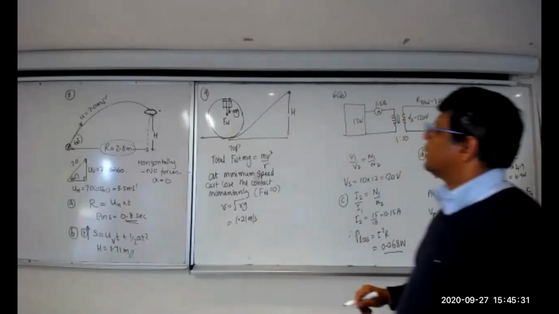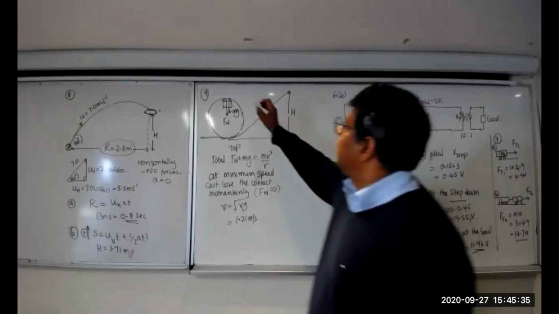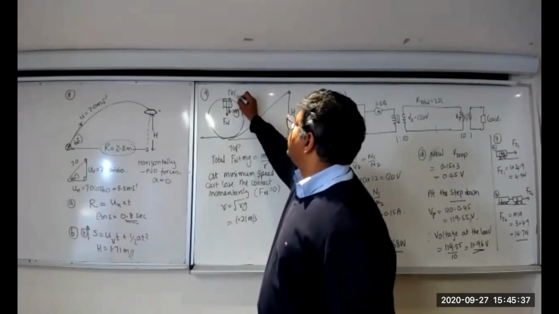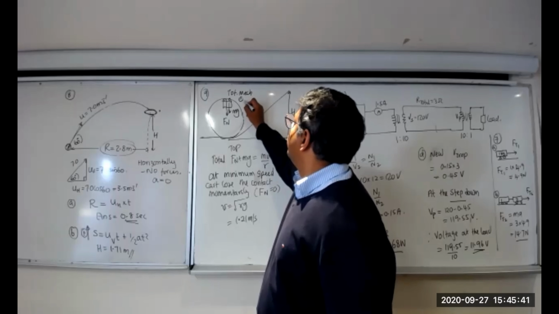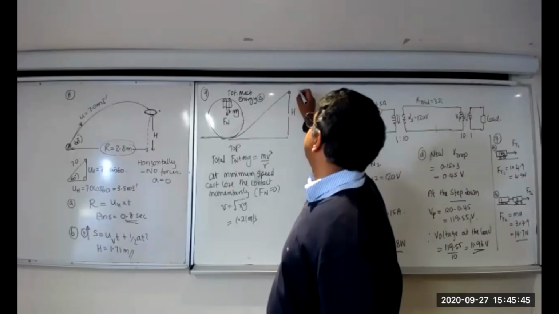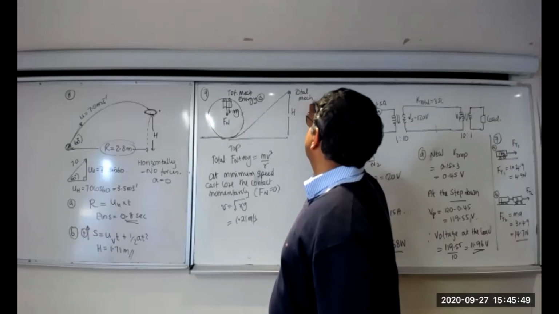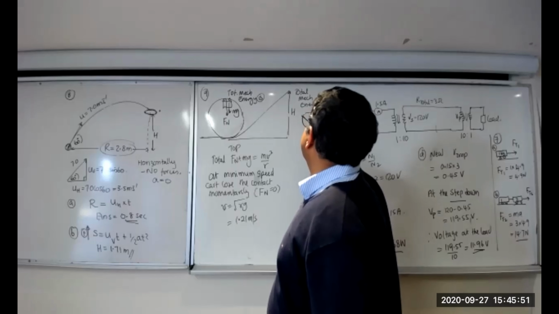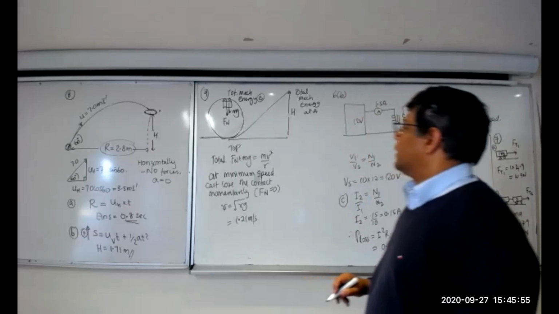Convert centimeters to meters. Part B, you can use conservation of energy. Total mechanical energy at the top, at B, you equate to the total mechanical energy at A. It's conservation of energy.